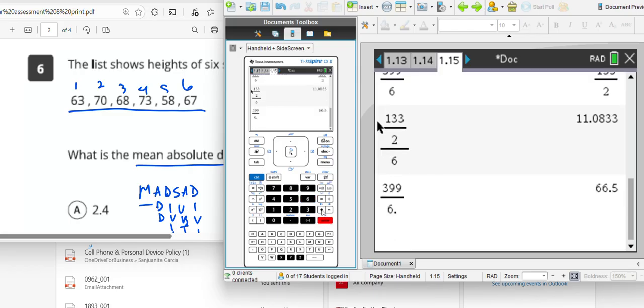So 66.5. Okay. So now for each one of these, I'm going to get the bigger one, between 66.5 and each number itself, and figure out how far they are. So I'm going to go here, parentheses, and get the bigger one, which in this situation would be 66.5 minus 63.